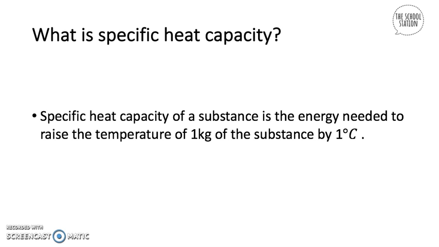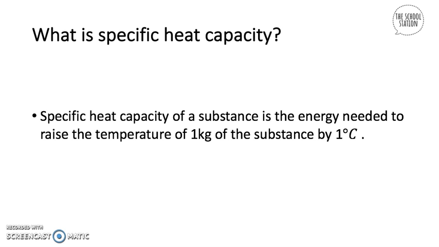So basically, for example, if you get a substance like copper, and you want to find the specific heat capacity of the copper, you have to calculate the energy needed to raise the temperature of the copper by 1 degree Celsius. So we only take 1 kg of copper, and you want to see how much energy is needed to raise the temperature of that copper by 1 degree Celsius.